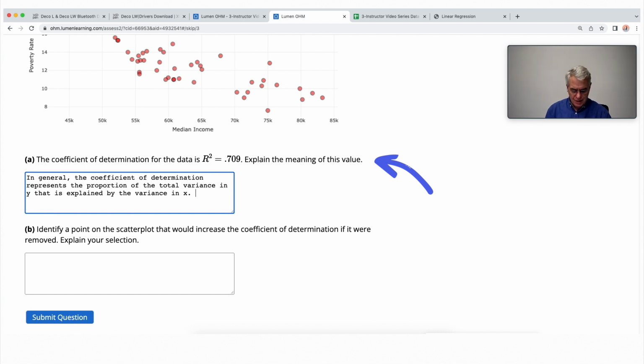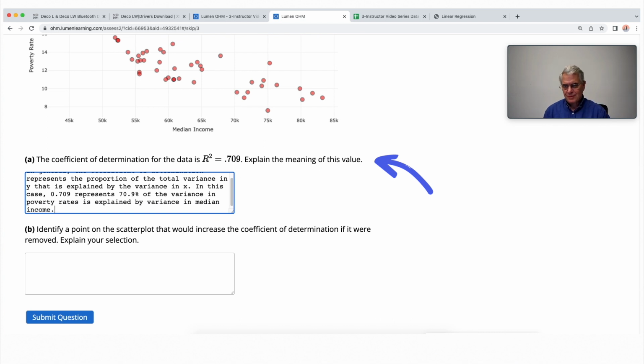How much they cohere. In this case, 0.709 represents 70.9% of the variance in poverty rate is explained by variation in median income. That's a lot, by the way.